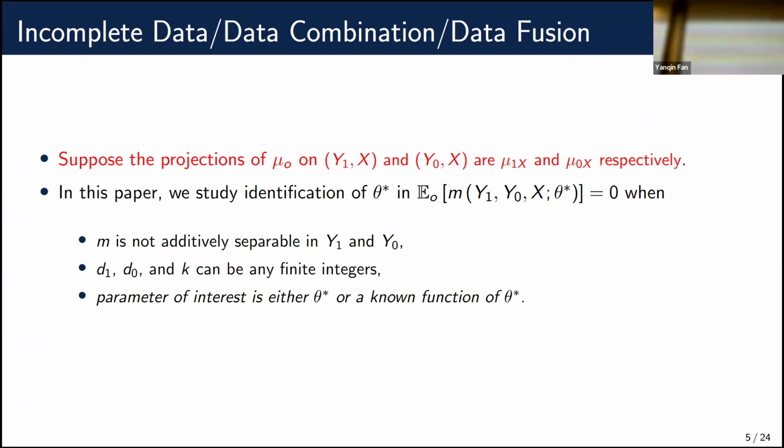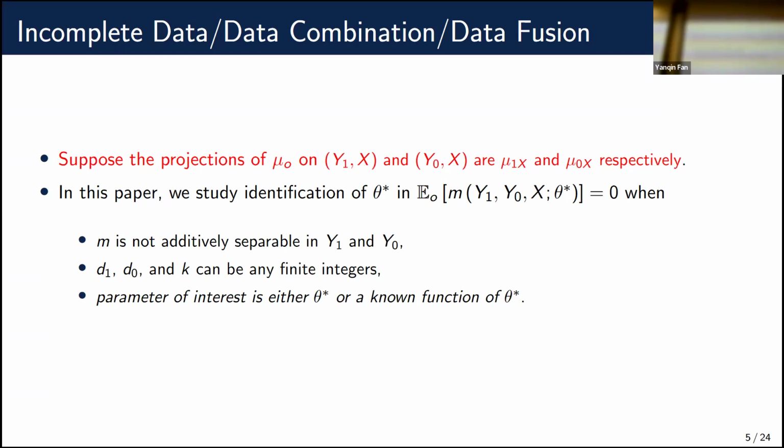And likewise, the projection of mu0 on y0 x is identified from the second data set and denoted as mu0x. Now, those of you who know OT start to see the relation between this and OT. Essentially, what we're interested in depends on a joint measure mu0, but what we can identify from the sample information are two bivariate marginals, mu1x and mu0x.